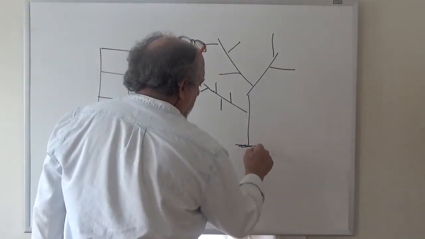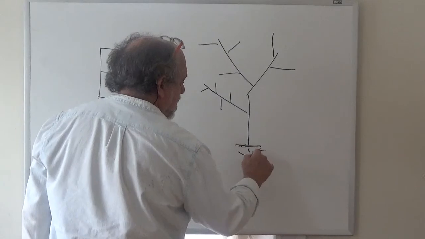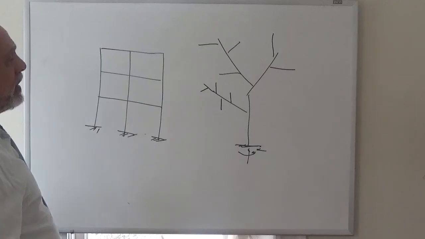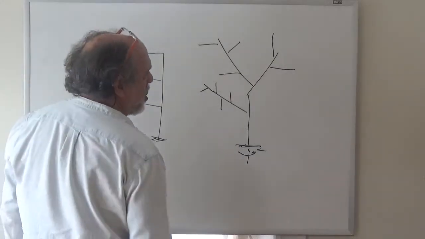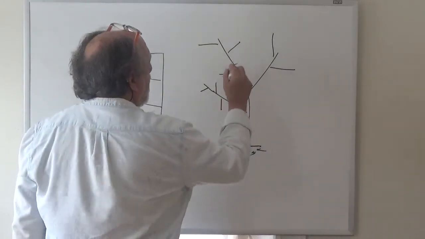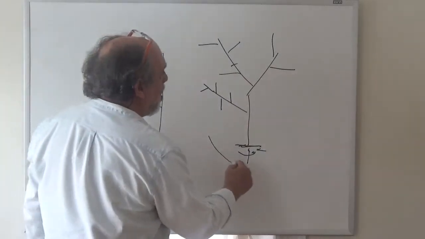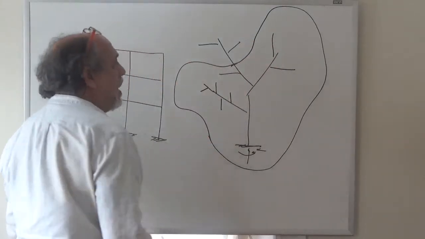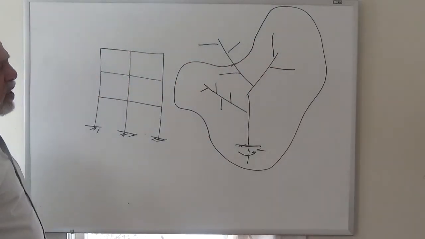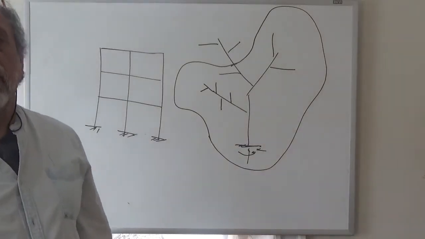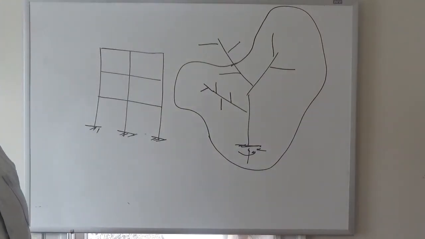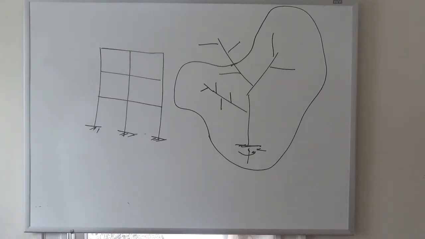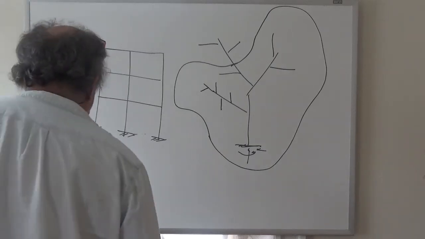Because the tree is connected to the ground and there's 3 reactions, right? Fixed ends. And then if you want to know what's going on anywhere, take your pick. So you want to know the shear, moment and axial force over here. Okay, so you can always take a bubble that only cuts there, right? And therefore only 3 unknowns will show up. So trees are statically determinate always, no matter how complicated the tree is.